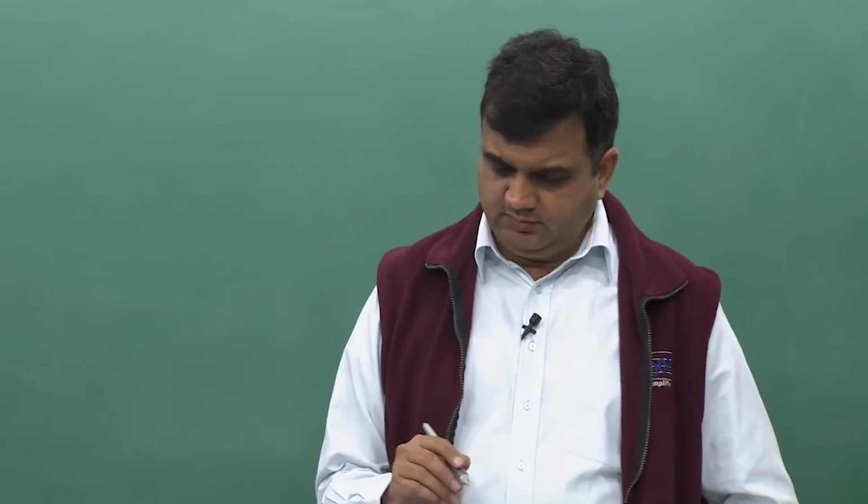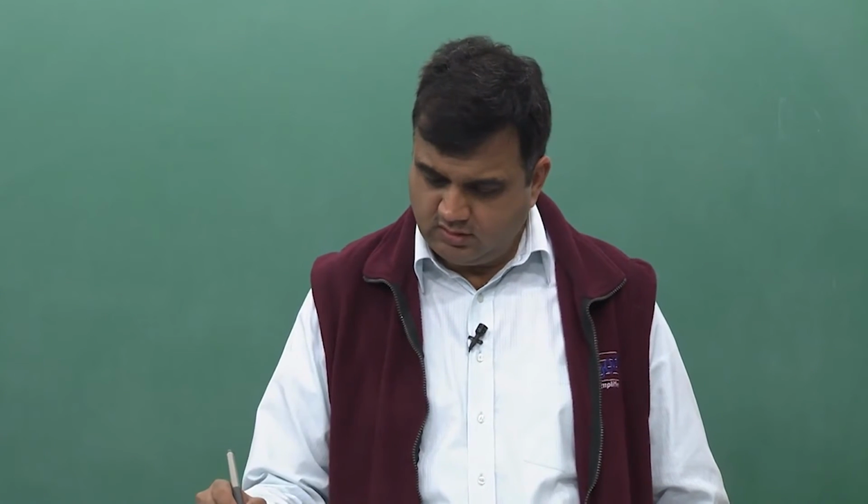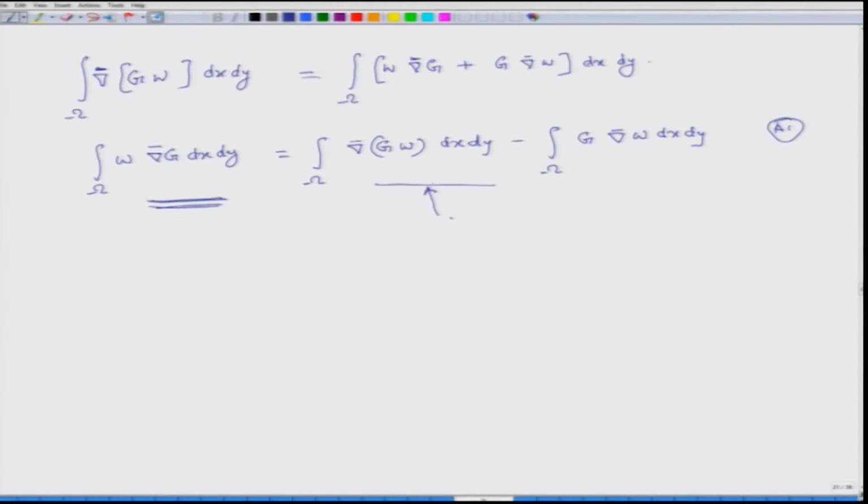So, now we have developed this equation, and the next thing we do is apply the gradient theorem on this particular term. The left side does not change: w times gradient of g times dx dy equals, and here I am going to apply the gradient theorem, but before that I will write this term here. I am also reorganizing my terms: g times grad of w dx dy, and for this term I will use the gradient theorem.